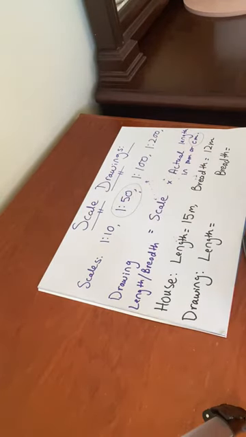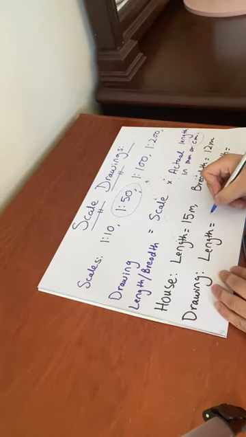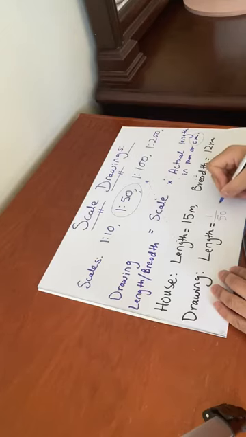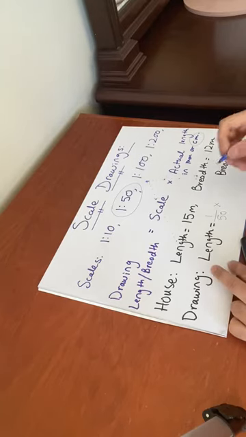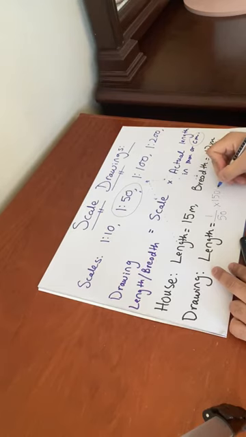So the length on a piece of paper is going to be your scale, which is 1:50, so 1/50, multiplied by the actual length. We're going to go in centimeters. So 15 meters is the same as 1,500 centimeters.